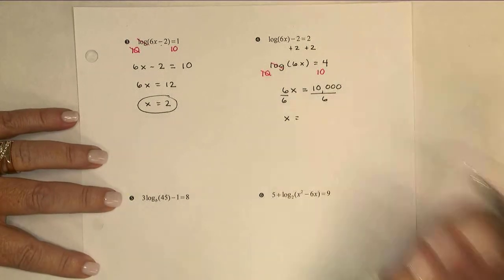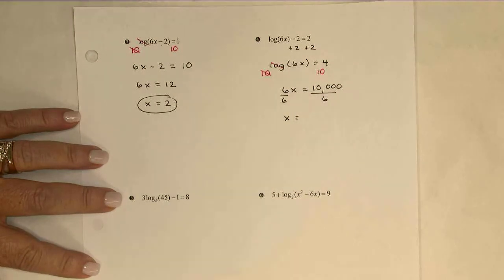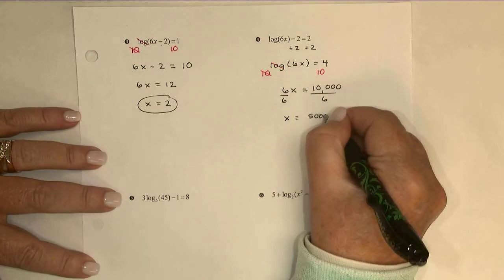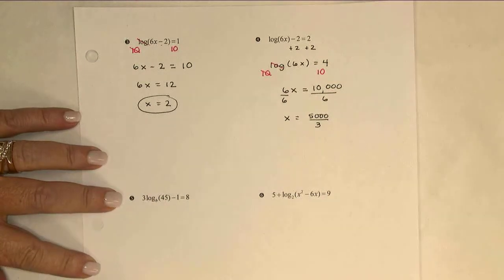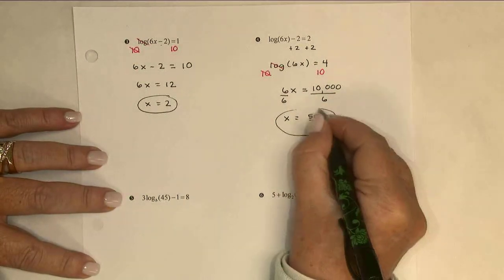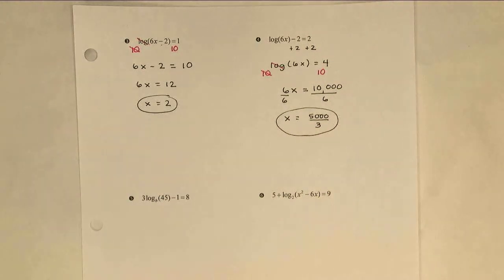Dividing by 6, that's not going to come out evenly. If I reduced it by dividing top and bottom by 2, I think that's the best I could do for an exact answer. Of course, you could grab your calculator and get a decimal approximation if you wanted to.